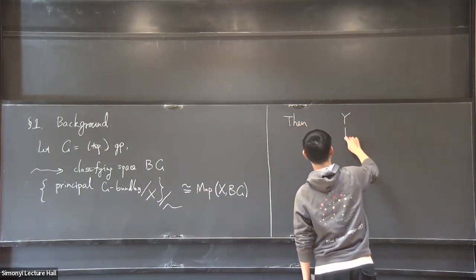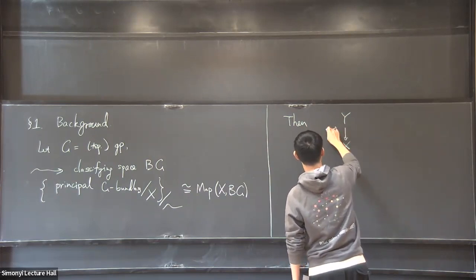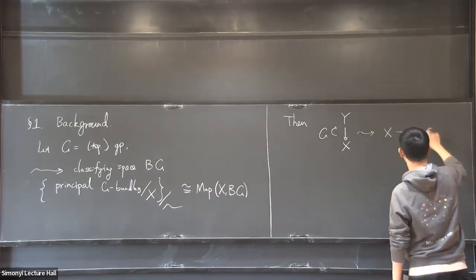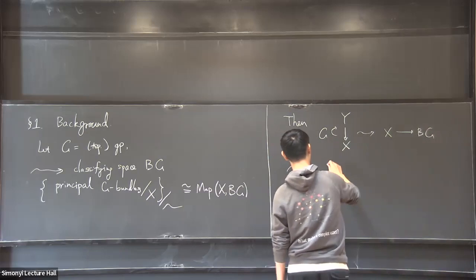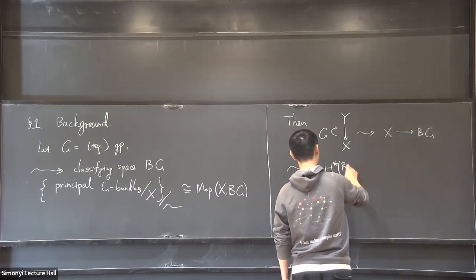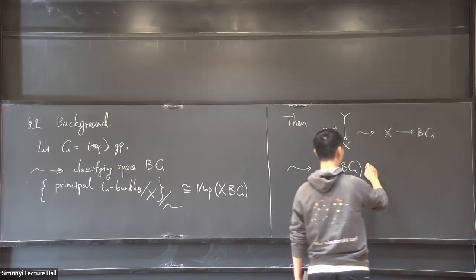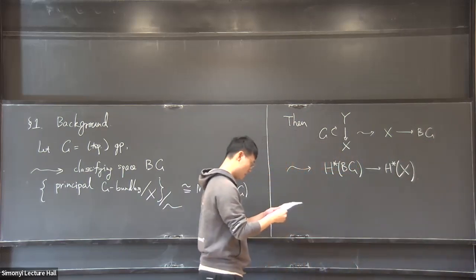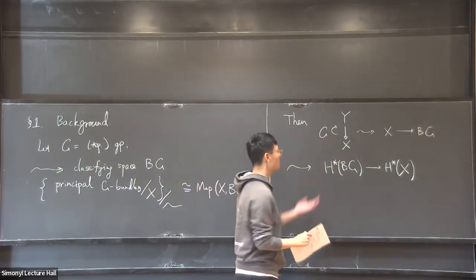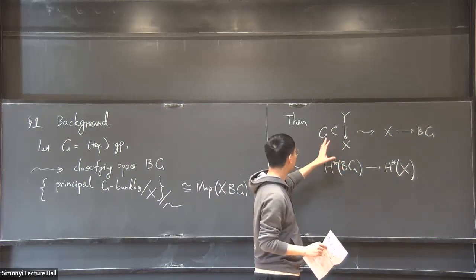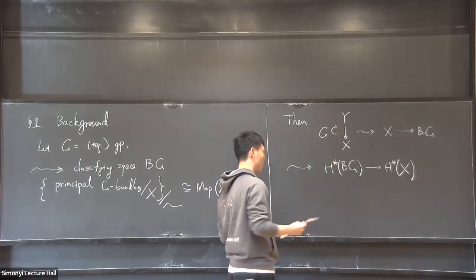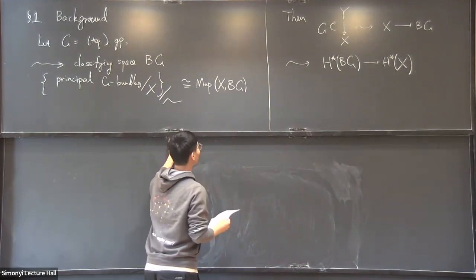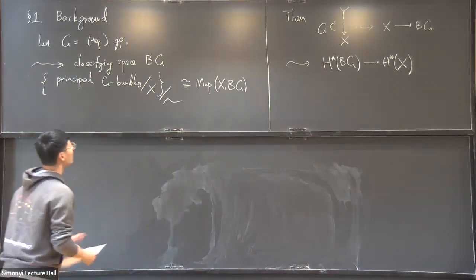Given some principal G-bundle, you will produce a map from X to BG, and then you will get singular cohomology of BG mapping to singular cohomology of X. And this will be called characteristic classes of this principal G-bundle. And I guess a similar process can be done in the realm of algebraic geometry.